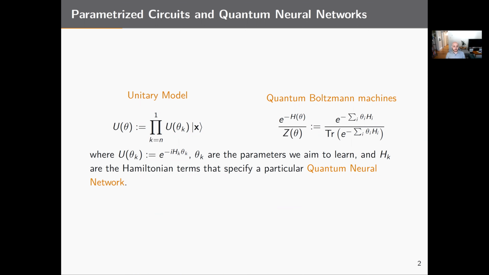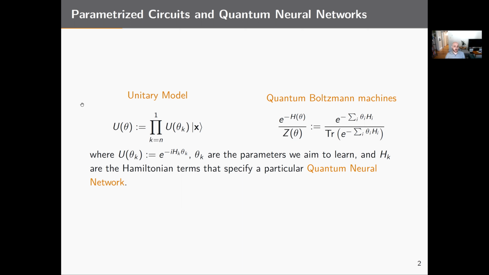So to give you an idea of what we mean by parameterized circuits, another term used is quantum neural networks. Here's a couple of definitions of some of the models that we're going to be looking at. The first model is the unitary model. We have that model here on the left. This model is basically what happens when you have a quantum state and you apply a sequence of unitary gate operations.